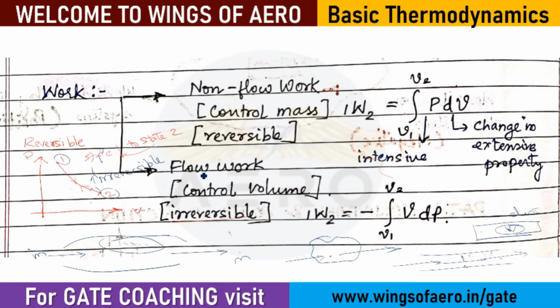Second is flow work, which is moving. If it has been left, then it is left. So it is called an irreversible process, and it is also known as a control volume.